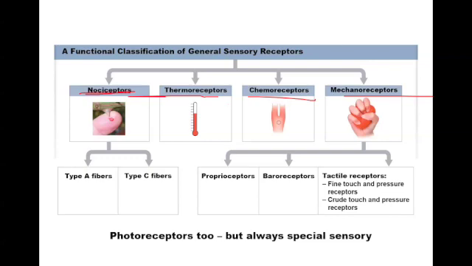Okay, and then we have two broad types of nociceptors based on speed, how fast they propagate their message. And what dictates the speed of a signal when we're talking about the nervous system? Does anybody know what dictates the speed? Myelination. Okay, so that's how we're going to differentiate these two types. So type A fibers of the nociceptors are those that are considered myelinated, and they're going to send fast pain.